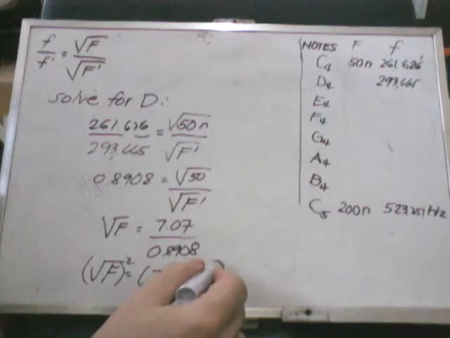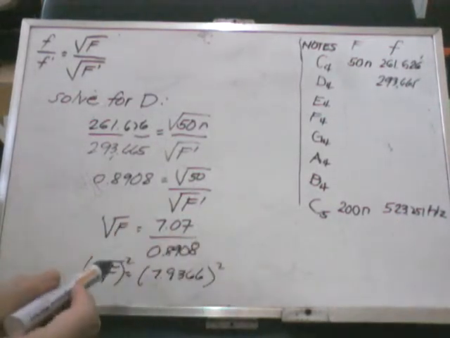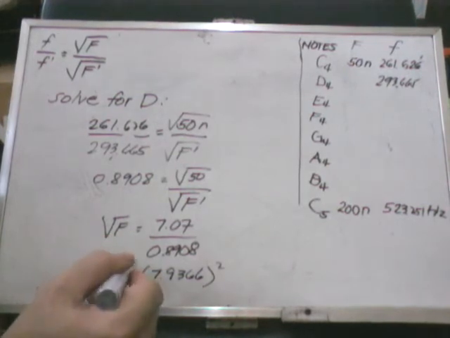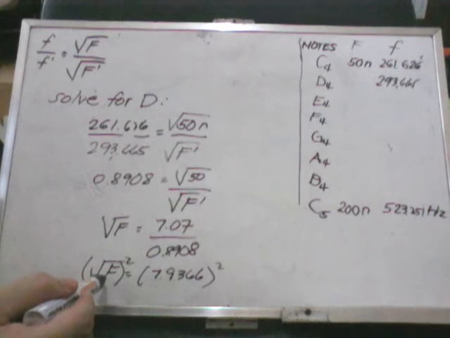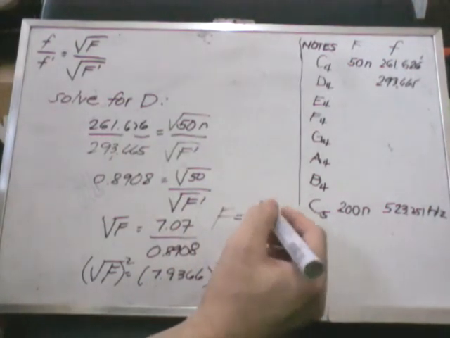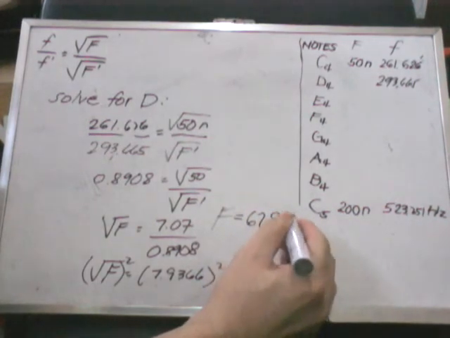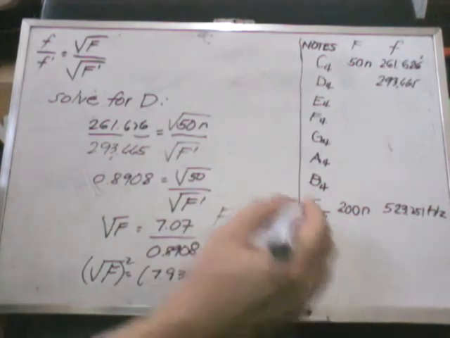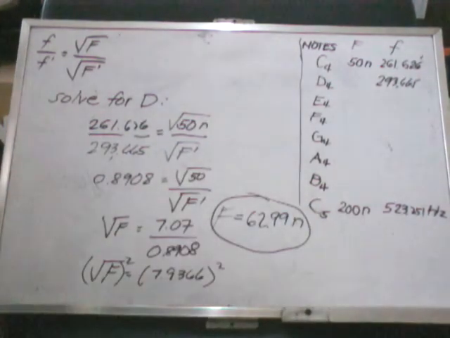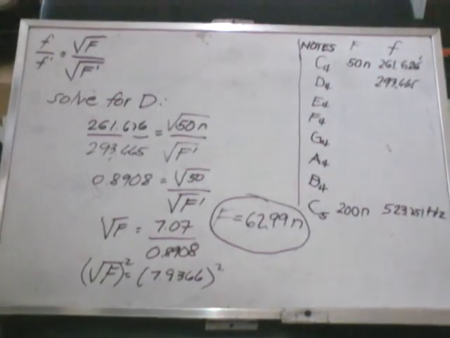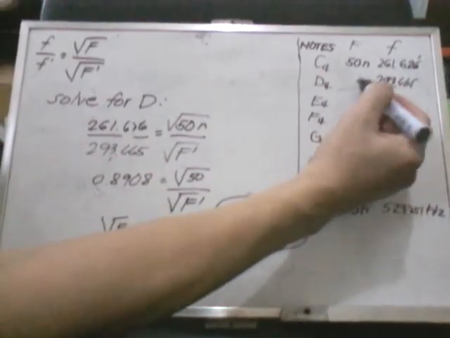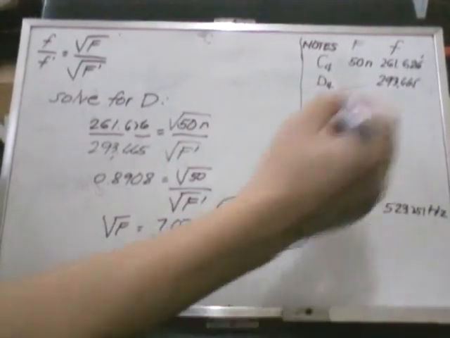Squaring both. Since the exponent is square, if you square it, you're canceling the square root here. So we get F prime as 62.99 newtons. Now we can supply the data sought here. So that would be 62.99.